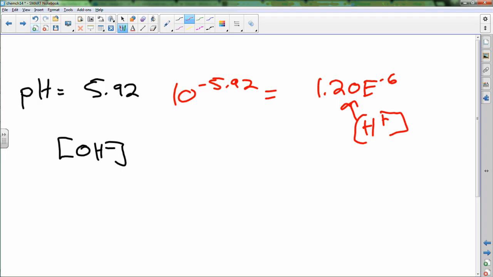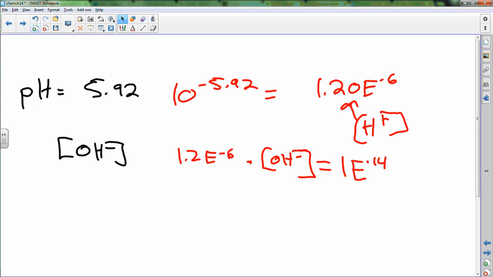But we know this multiplied by the thing that I'm looking for, the concentration of hydroxide, has to equal 1 e to the negative 14. And so in this case, I can take 1 e to the negative 14 and divide by the 1.2 times 10 to the negative 6th. Either way to do it is fine. You'll get the same answer no matter what, which is 8.31 e to the negative 9. Don't forget your molarity.